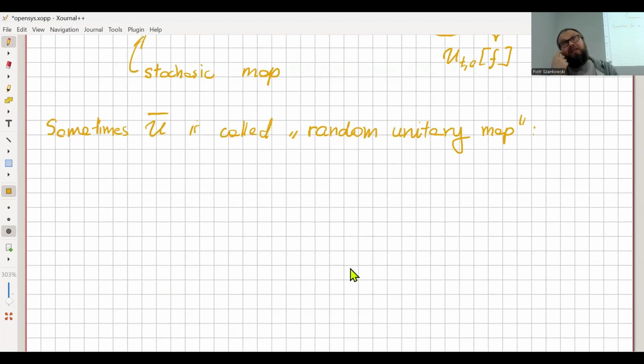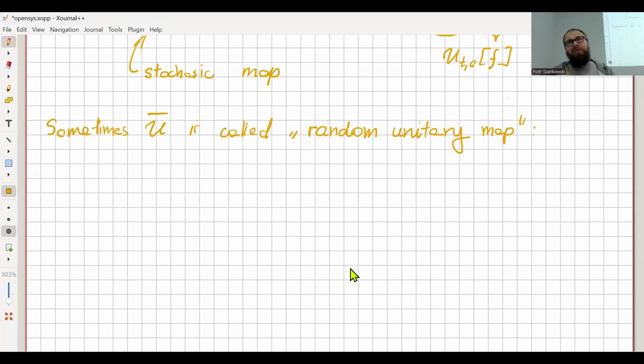The simplest to explain at this point is this: imagine we prepare the initial state and the system as a whole, and the Hamiltonian depends on some external field.